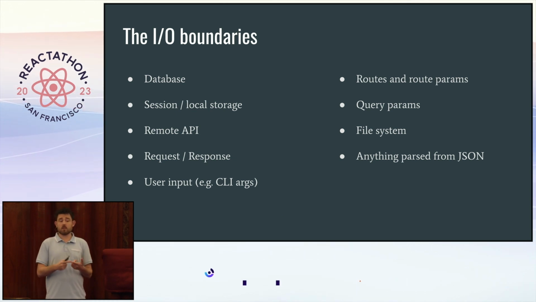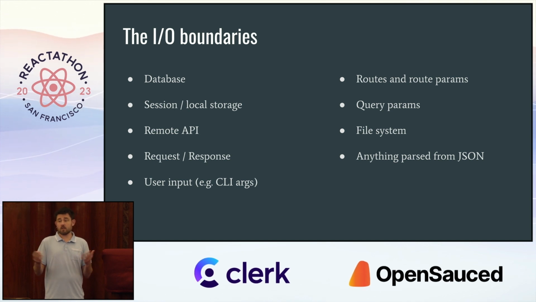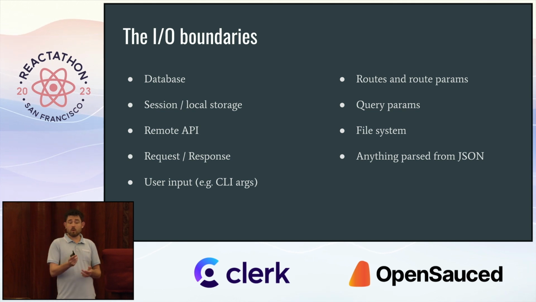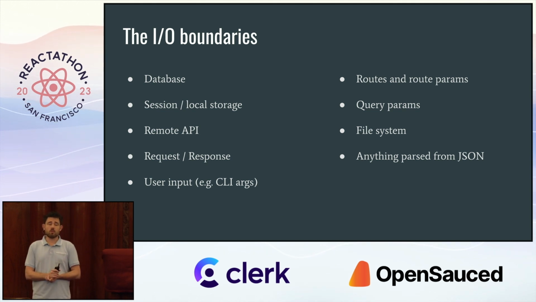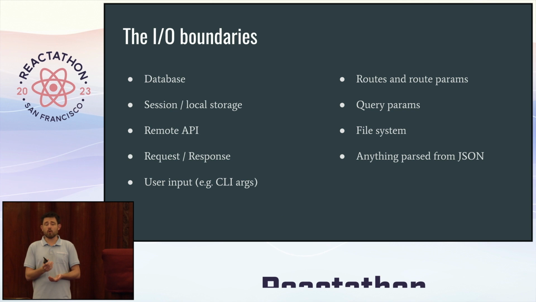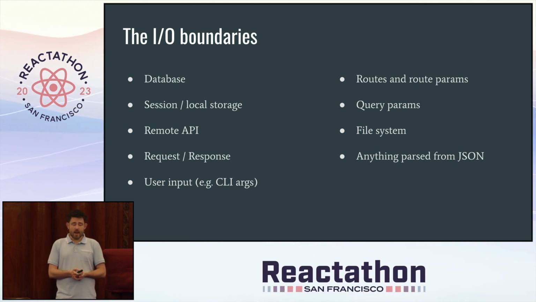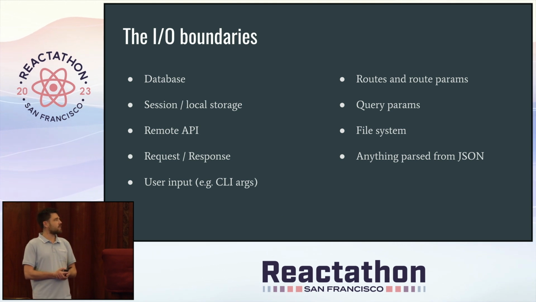So stuff that's coming from the database, anything coming from an API, a server, request-response stuff, user input, like CLI args is kind of an interesting one, query params. Really anything that gets parsed from JSON. You're going to see a theme here. There's a lot of JSON stuff coming into play.